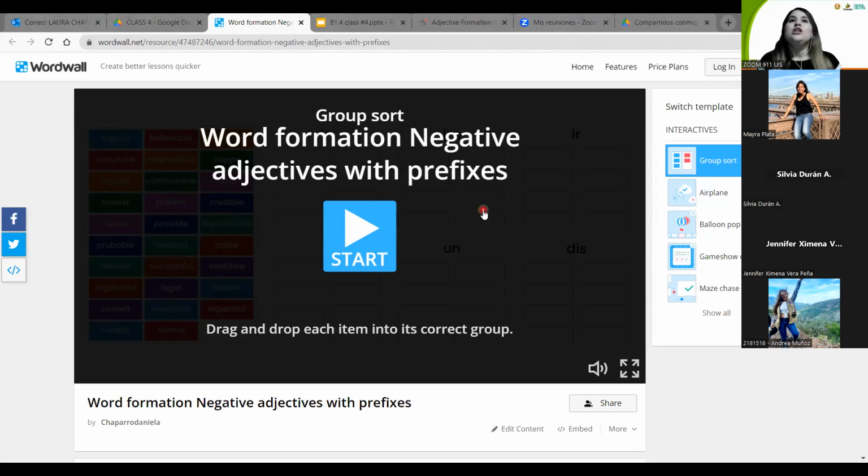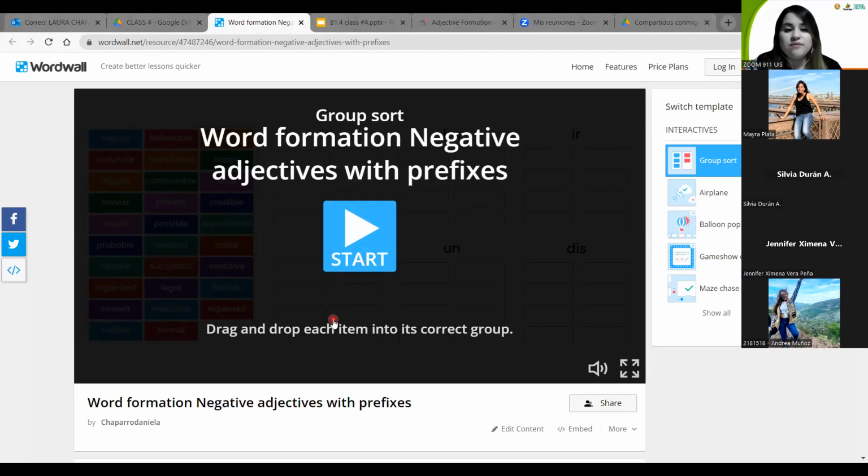Very good, Andrea. So a prefix is a letter or a group of letters that are added before the root of the word in order to change the meaning or create a new word. So we are going to practice this topic on word formation using prefixes, okay?